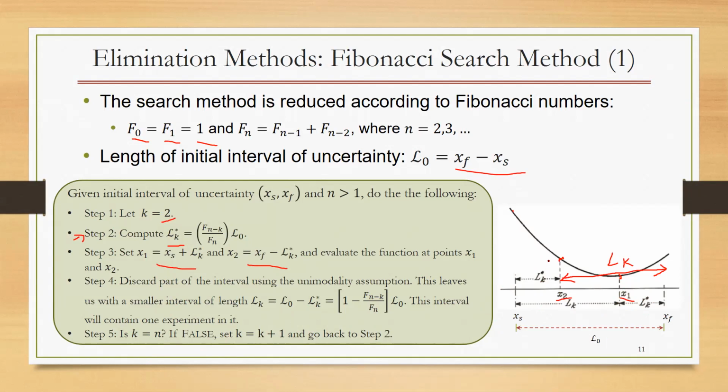So in Fibonacci's search method, you know the number of experiments you want to conduct, that is N, and you reduce the length of your interval based on the number of experiments you have predefined. If I say N should be equal to 5, that means I only evaluate these points 5 times, and when it finishes, I stop.